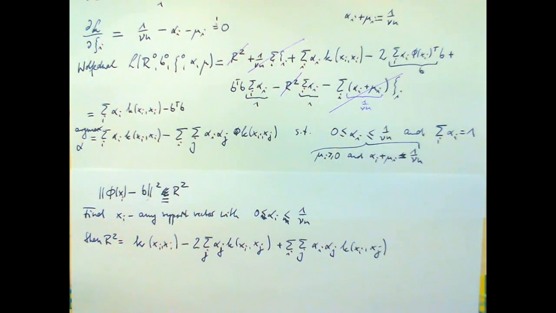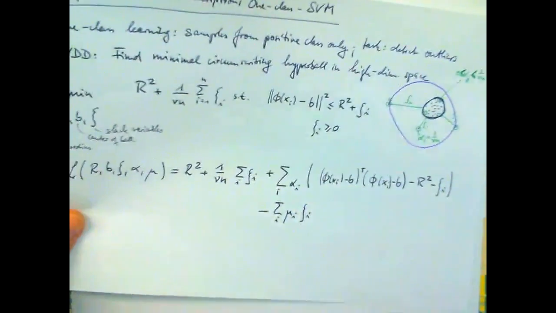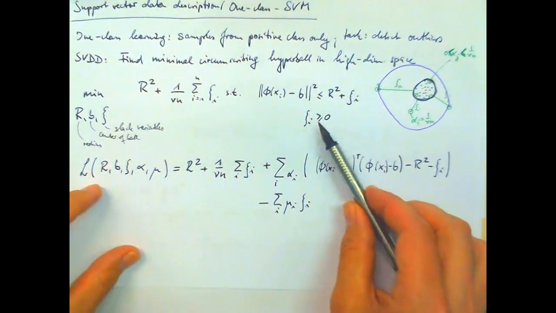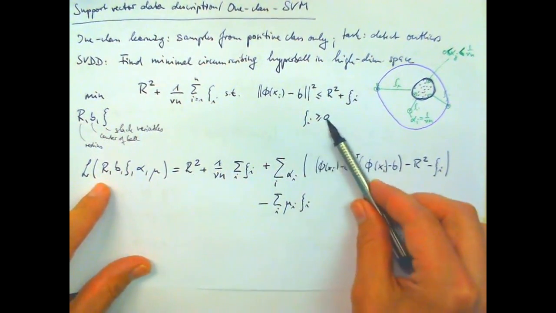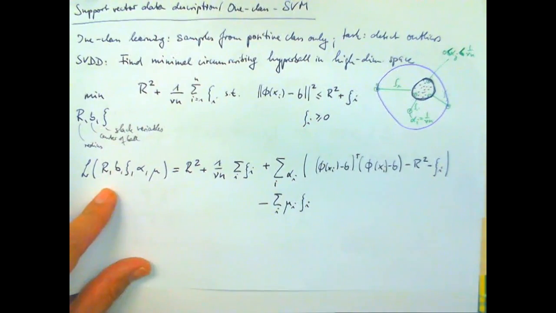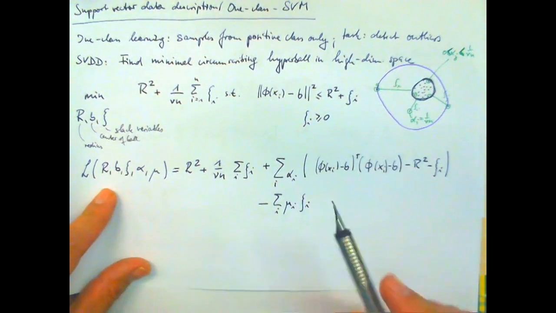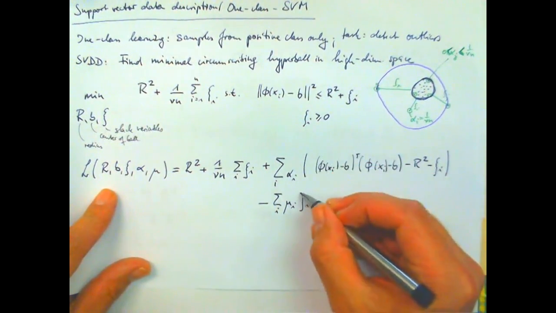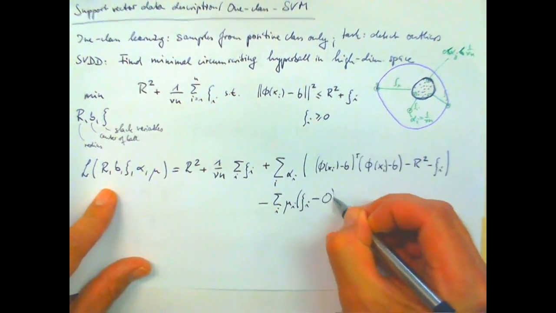The mu was the Lagrange multiplier that enforced the non-negativity of the slack variables. Okay, so I could write this as psi_i minus 0, and I'm omitting the minus 0.